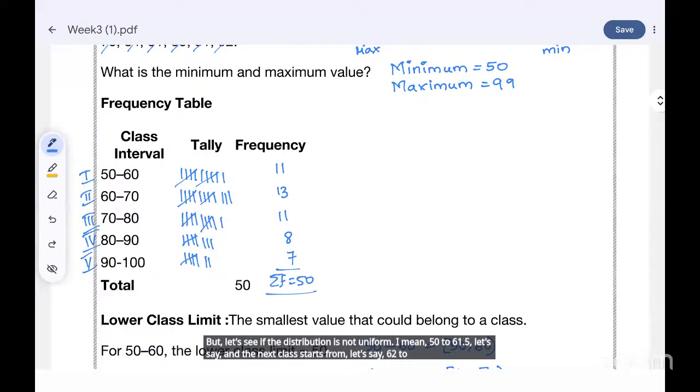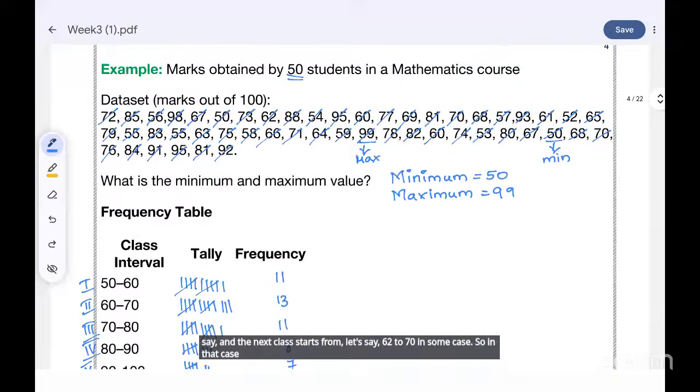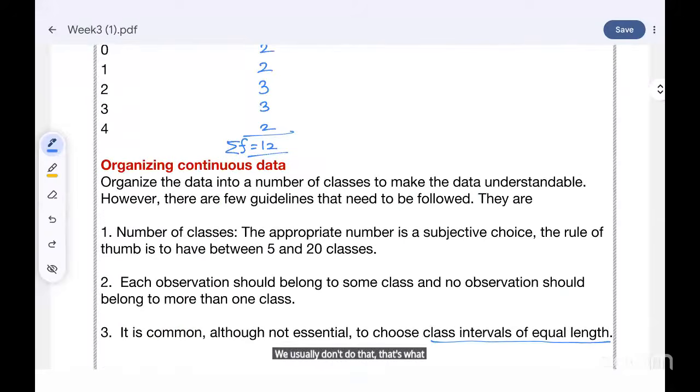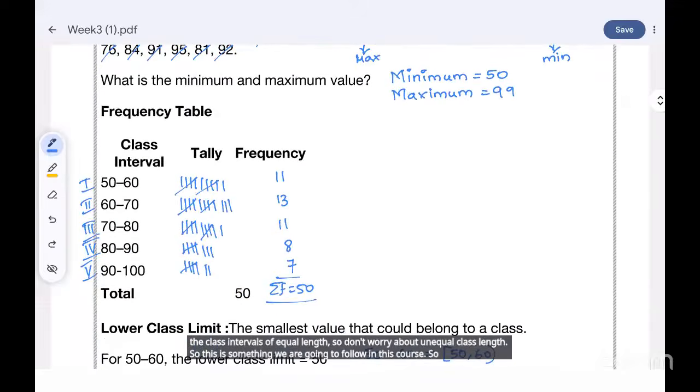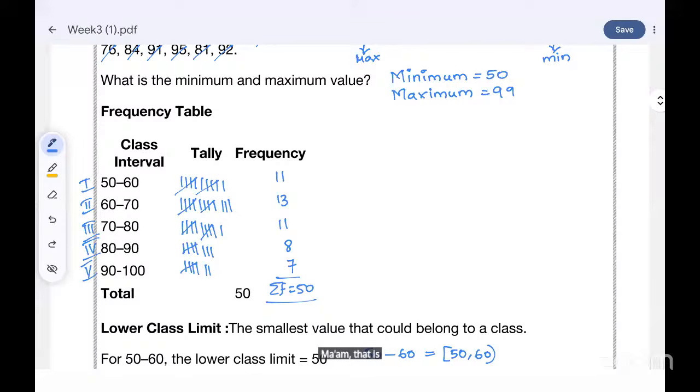We usually don't do that. That's the third point. Usually we make the class intervals of equal length, so don't worry about unequal class length. In this course we are going to only consider equal length. That is class width, yes, class width is equal.